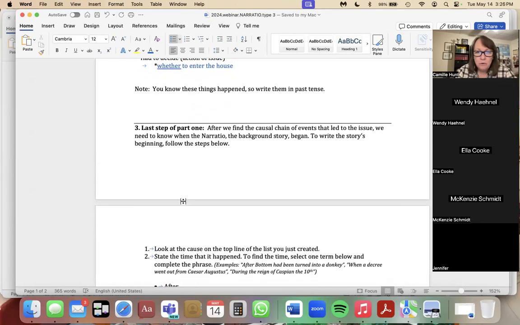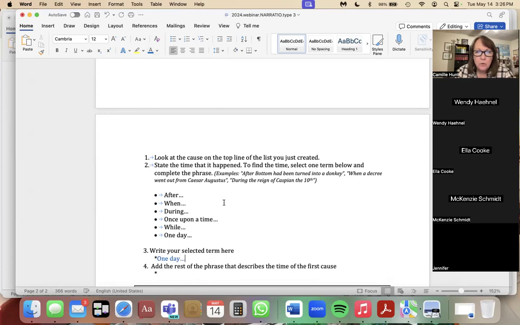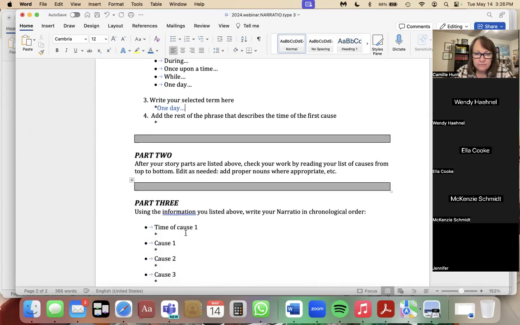So, when did she walk in the woods? I think once upon a time is good, or one day. One day. And there's nothing else we need to add right there. One day, Goldilocks, and it would say she on our list, so we probably need to add her name here.